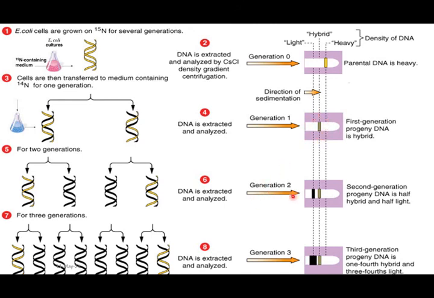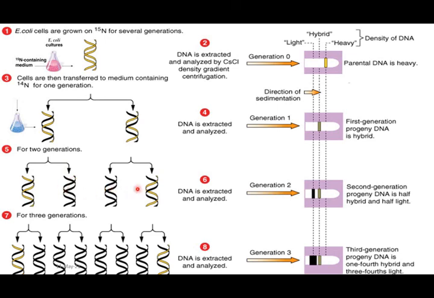Now in the second generation, when these DNA separated, one strand had the parental N15 and N14, and here both the strands were with N14.